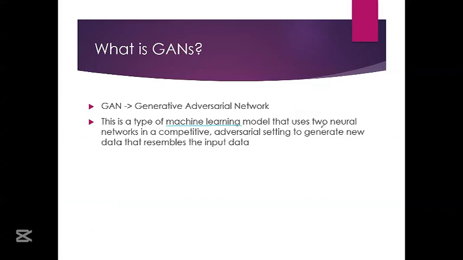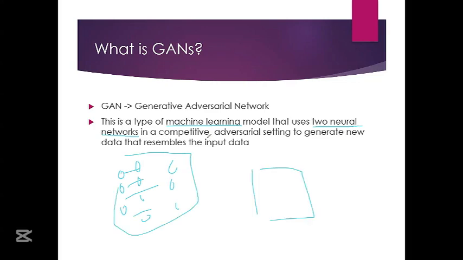It includes two neural networks. We discussed what a neural network is, some images of neurons, and how neurons move. So this consists of two neural networks.